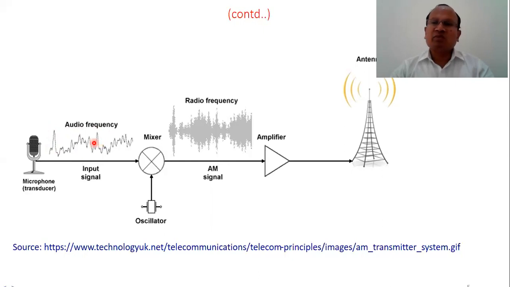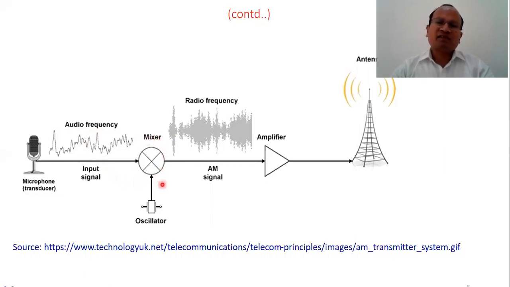Sometimes the signal which is generated as an audio signal may have some noise or distortion, that can be removed by the filter, and then it can be passed through the mixer.